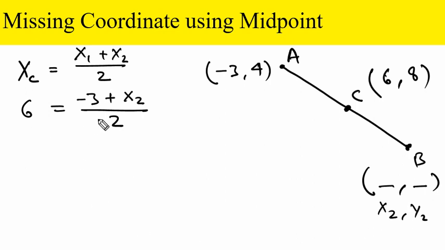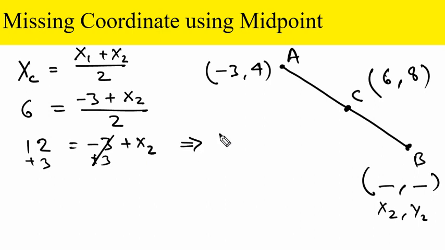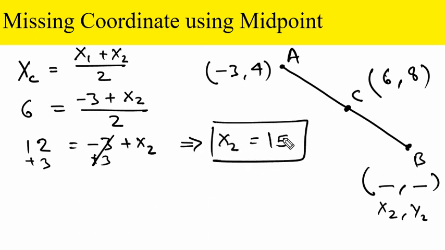Now you just have to solve this by cross multiplication. So 12 is equal to -3 plus x2. You do plus 3 on both sides, and x2 will be equal to 15. Any questions on this? Okay, so the x coordinate we have seen is 15, right?